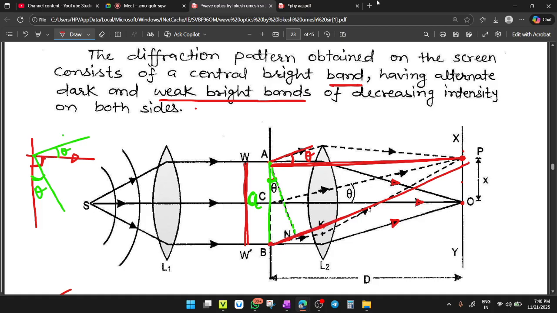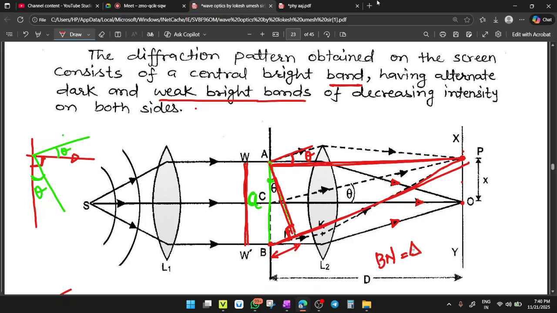So what is the path difference? For the path difference, just draw a perpendicular here. This gap BN is your path difference delta.